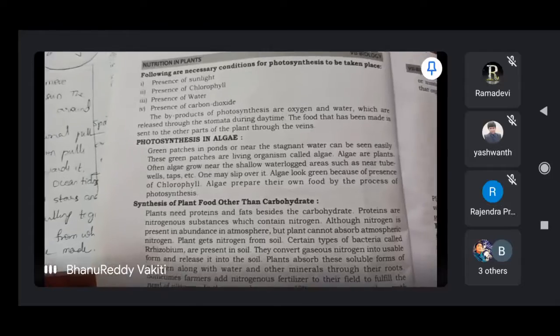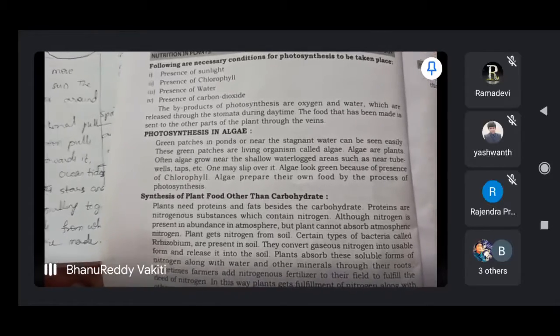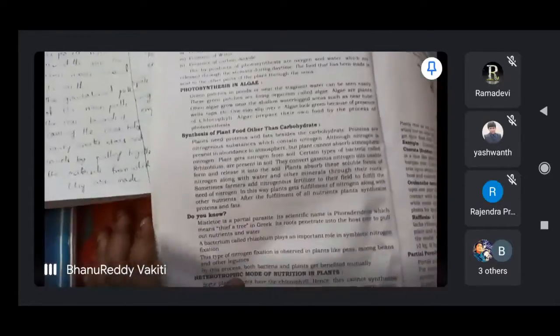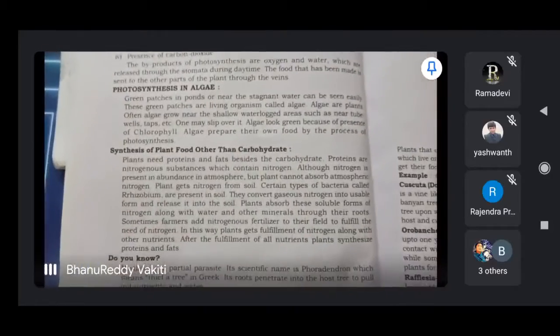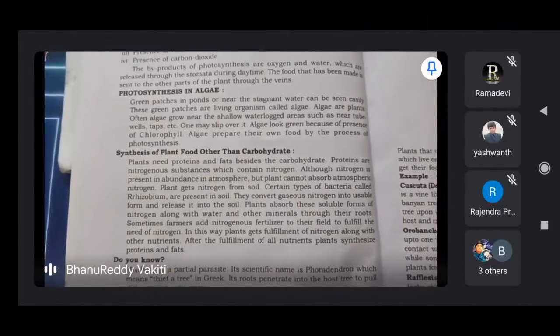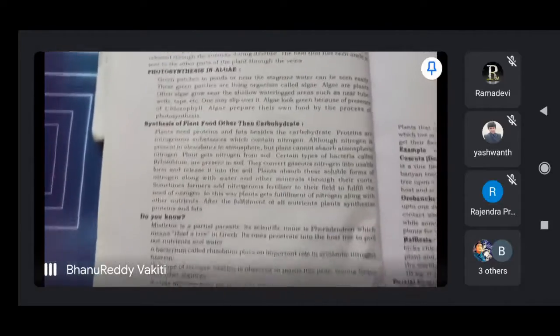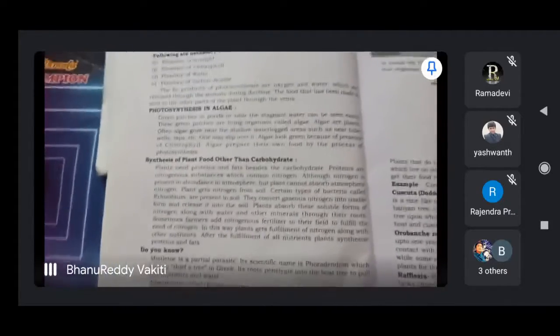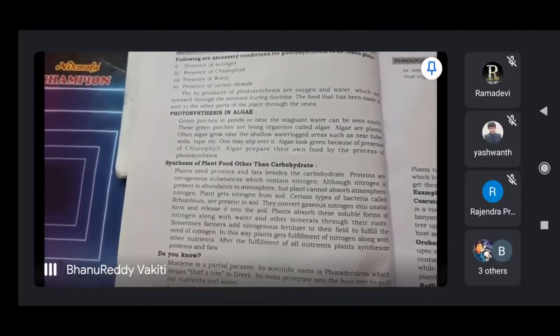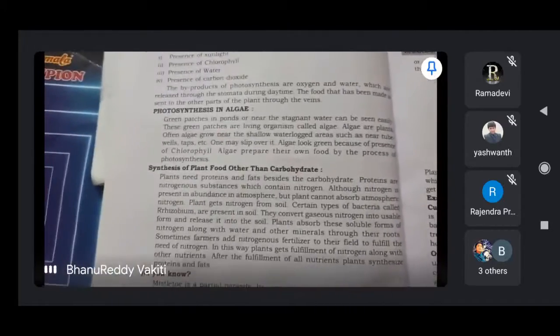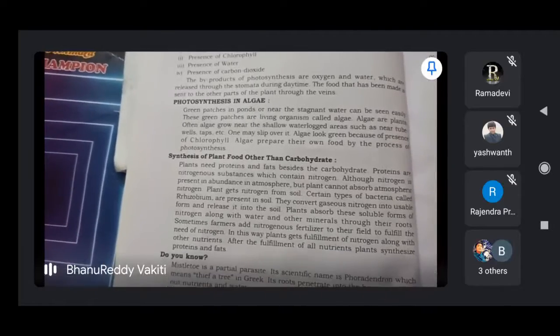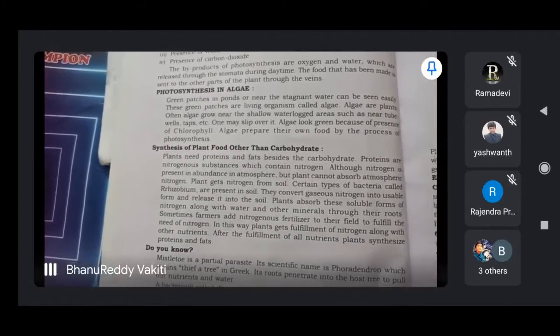And synthesis of plant food other than carbohydrate. What are those? Nitrogen is most needed. Proteins are nitrogenous substances which contain nitrogen, and plants need a more amount of nitrogen. Nitrogen is present in abundance, because 78% of our atmosphere is nitrogen only.